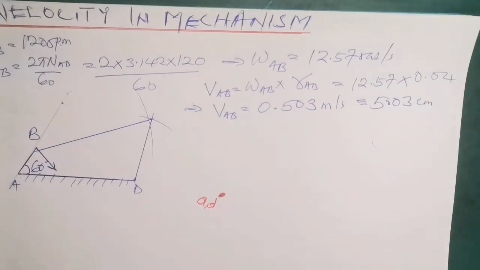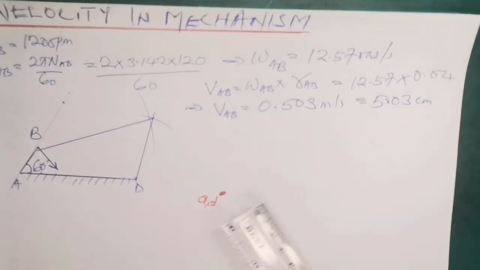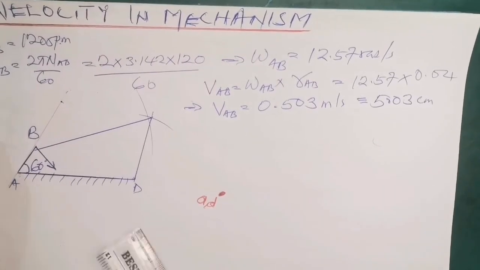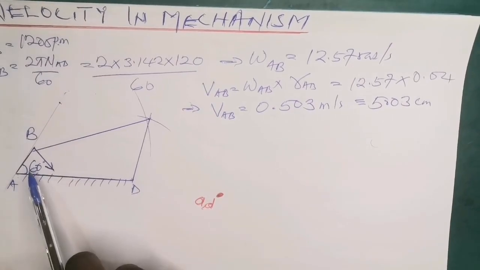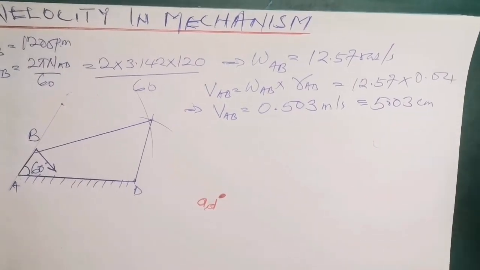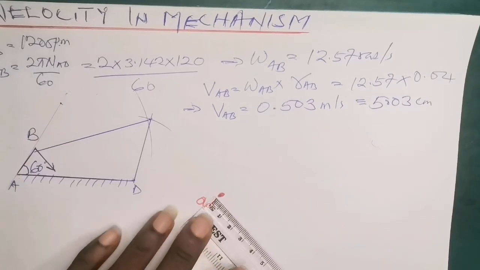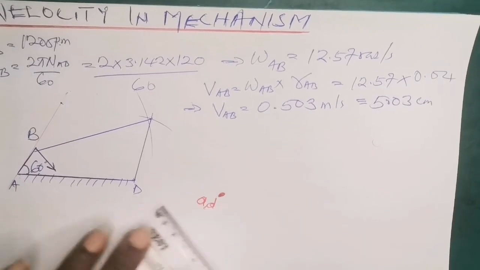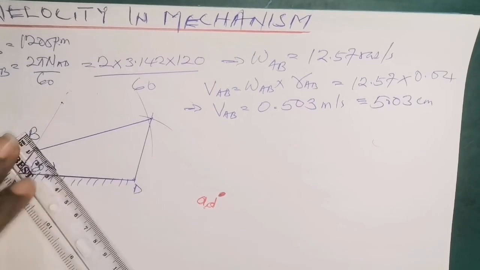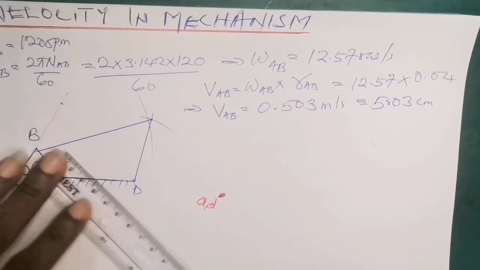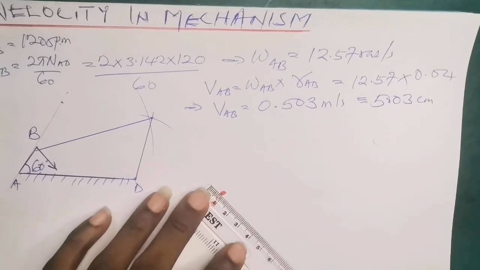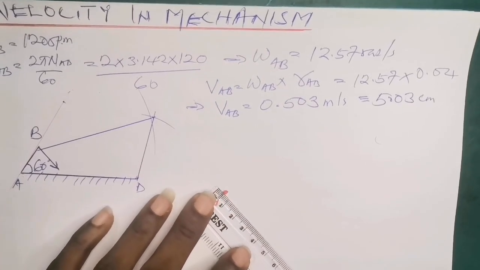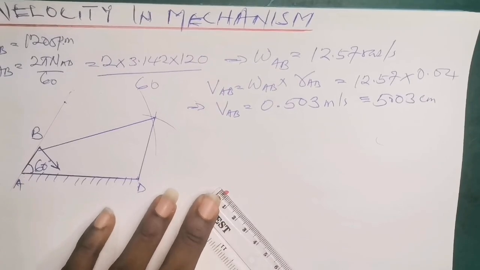So we measure this out with our meter rule. Velocity at point B is known, and it is 5.03 by our scaling. So you keep your ruler from this point and measure out, at 90 degrees and downwards, as can be seen here.